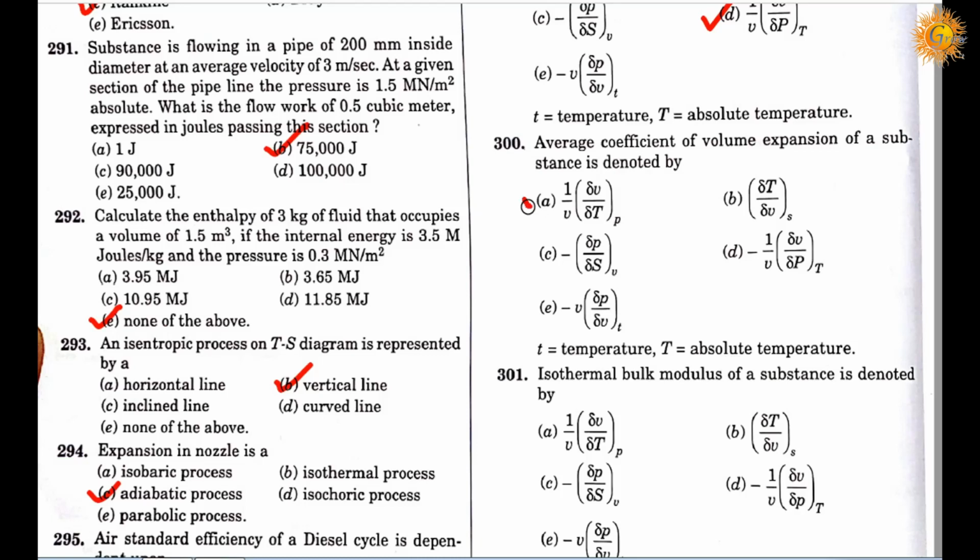So the correct answer is A. It's 1/V in the small bracket (∂V/∂T) subscript P.